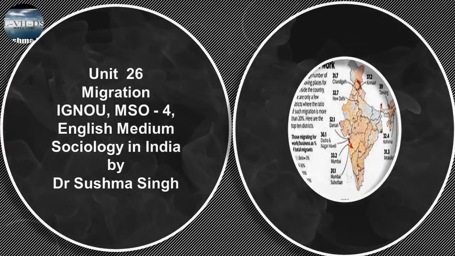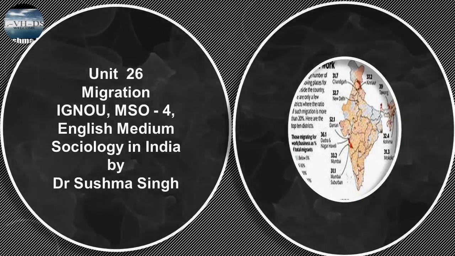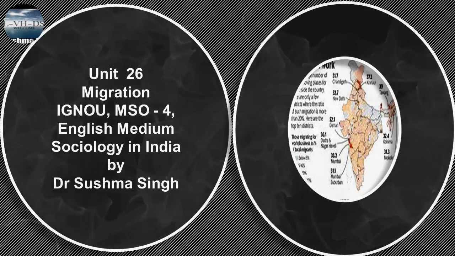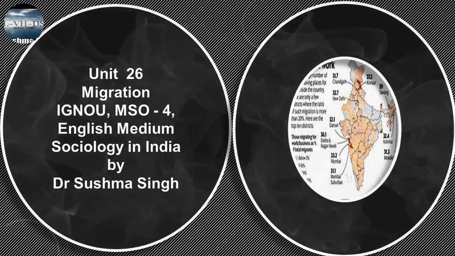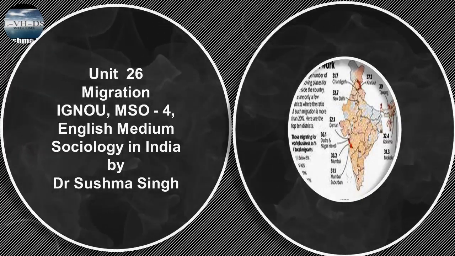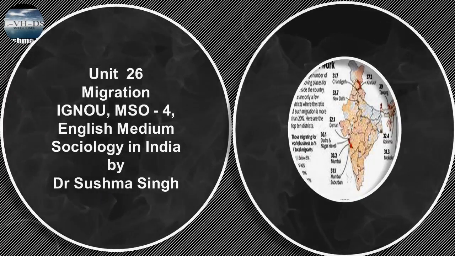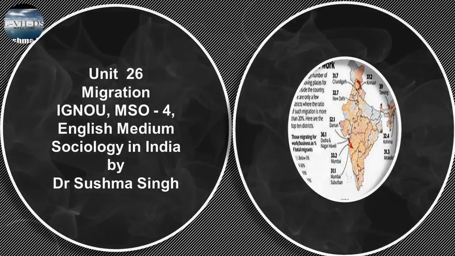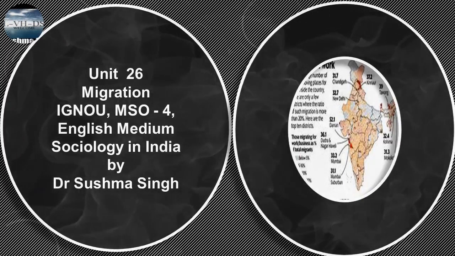Another type of periodic migration is the movement of an individual from his original place of residence for a period of few years. He visits his home periodically. The main aim of this type of migration is to earn more and to send remittances to the family in the native place to establish themselves after they return to their original homes.